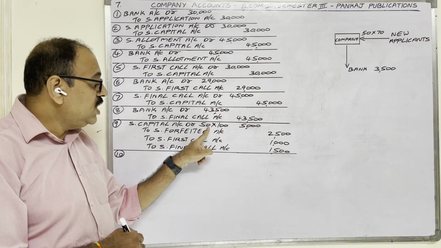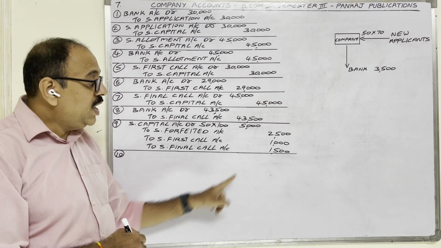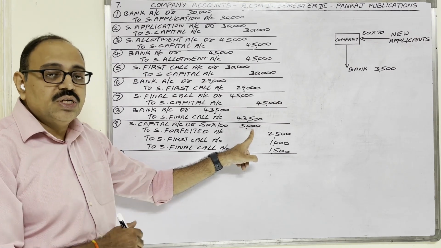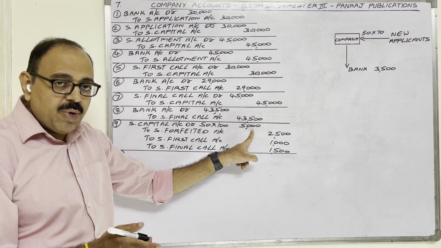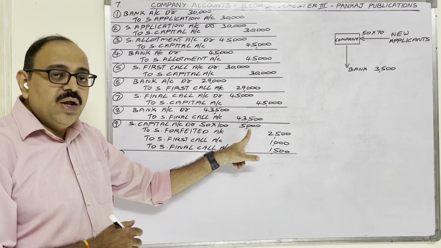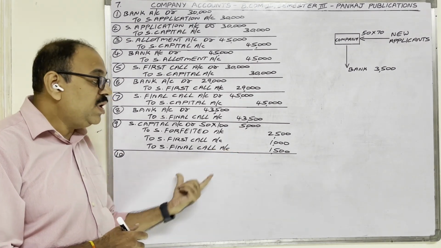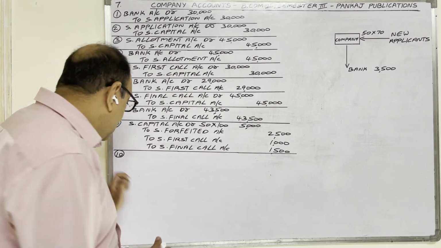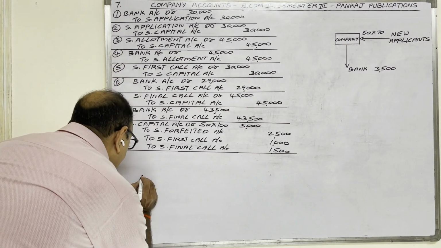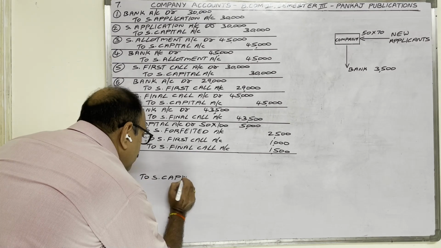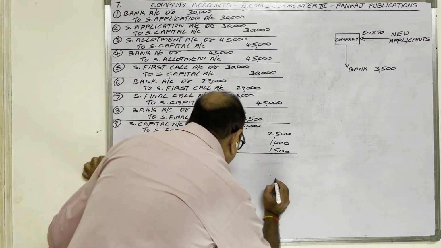Now these 50 shares are reissued. Therefore, again capital increases with 5,000. Capital shows a credit balance because it is a liability. Now again we have to create share capital with 5,000. Therefore, credit share capital account with 5,000 rupees. To share capital account 5,000.